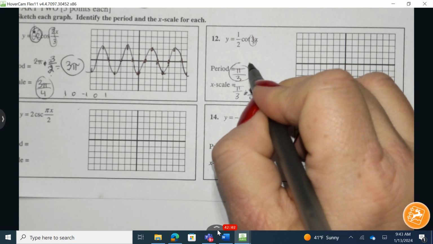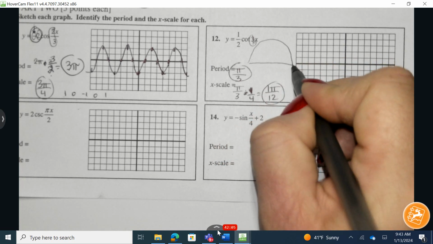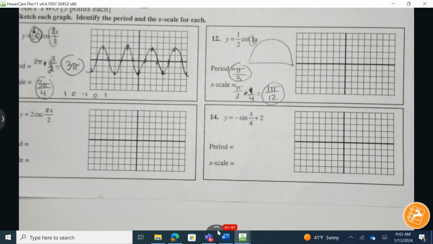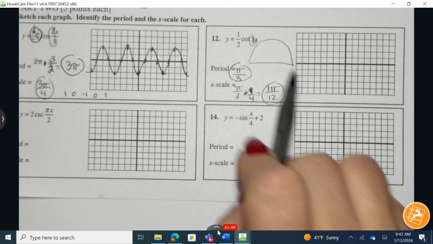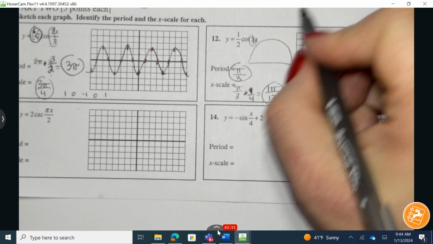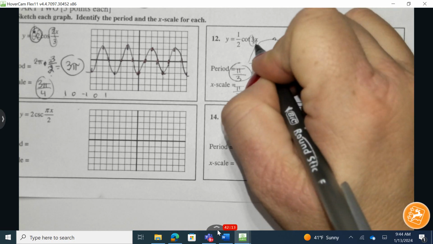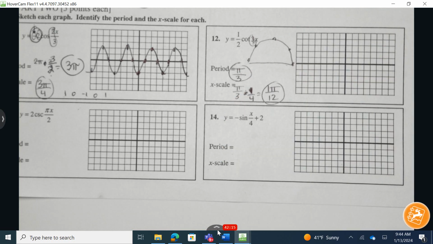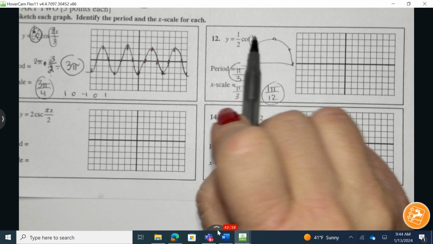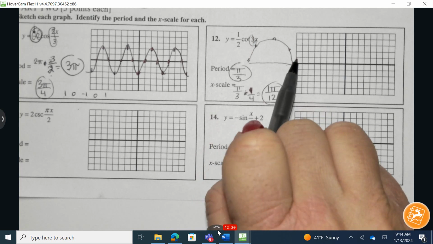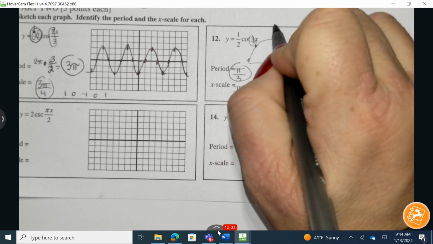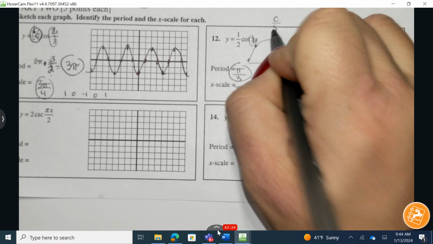Well, myself, I would make a half circle, knowing that tangent and cotangent only have a period length of pi, and then I would mark off each one of these points. And I personally would go, okay, I know that tangent is sine over cosine, but I need cosine over sine.